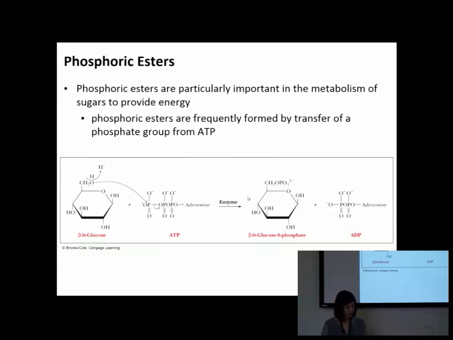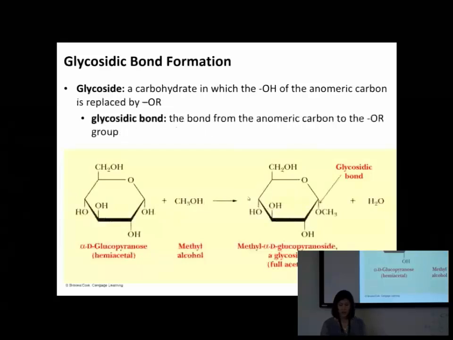All right, so I've alluded to this before, but probably the most important reaction that we're going to talk about this semester, this chapter, is forming a glycosidic bond. A glycoside is where we've taken the OH on this anomeric carbon, the OH that's dangling off of it, and we replace the hydrogen with some carbon.